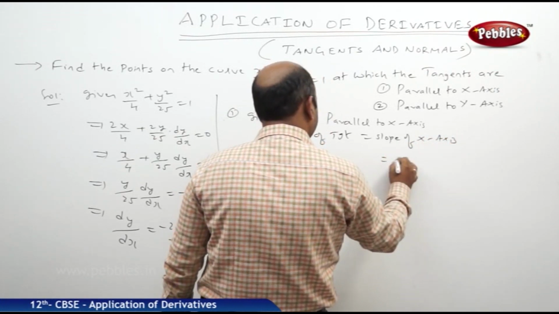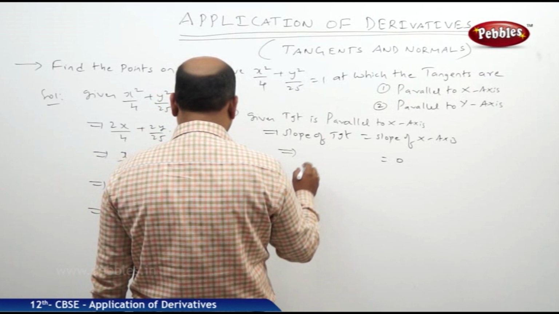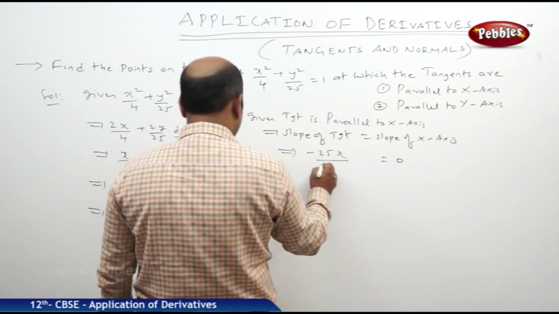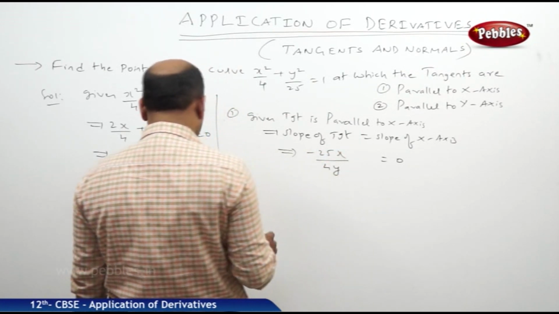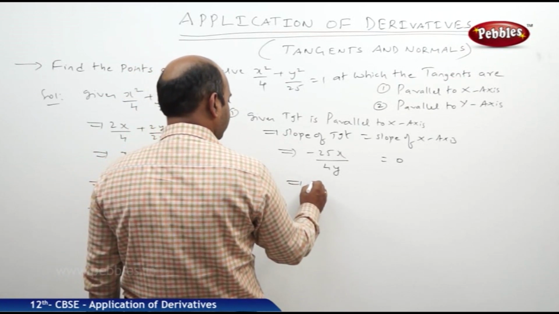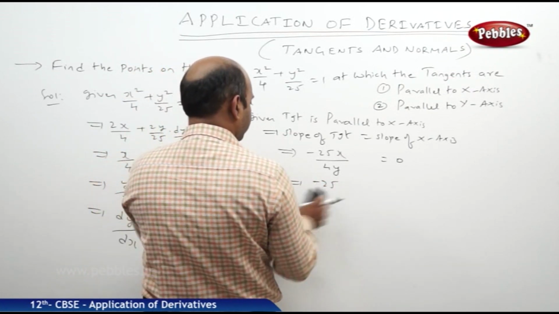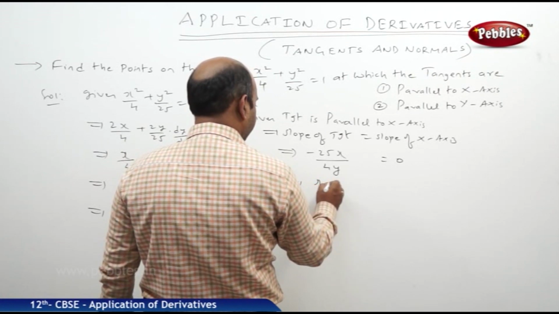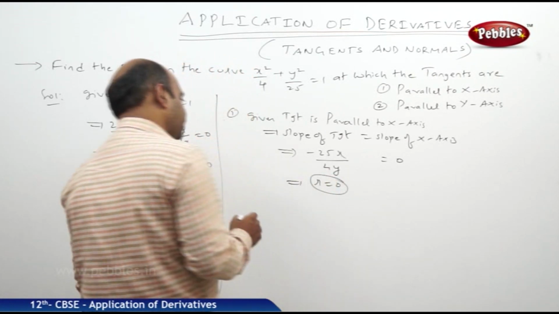But slope of x axis is 0 and slope of tangent is minus 25x by 4y. So cross multiplication, minus 25x is equal to 0. So finally we will be getting the value of x is equal to 0.